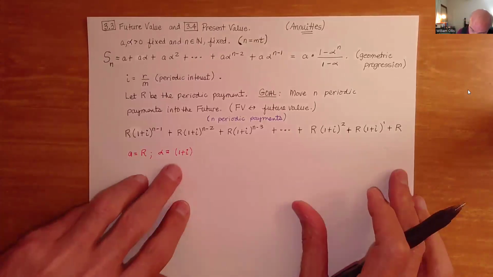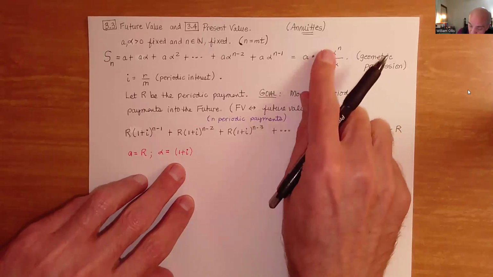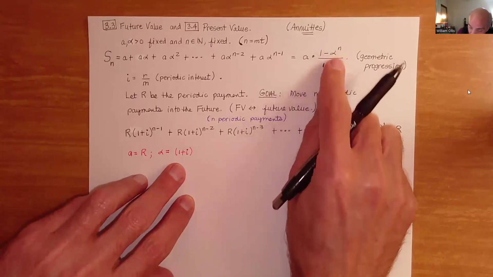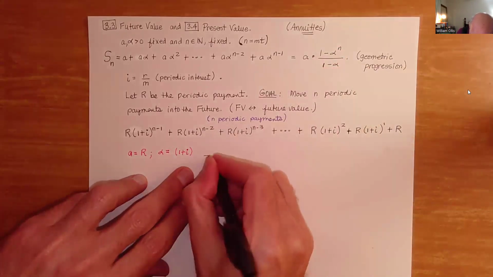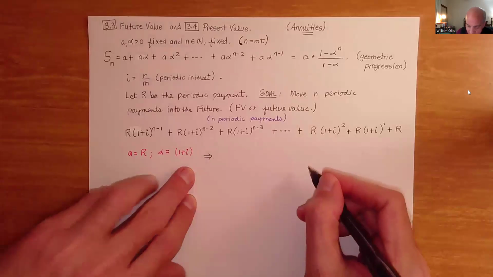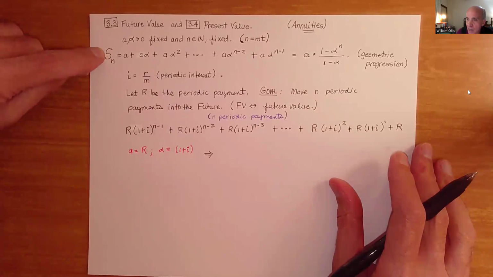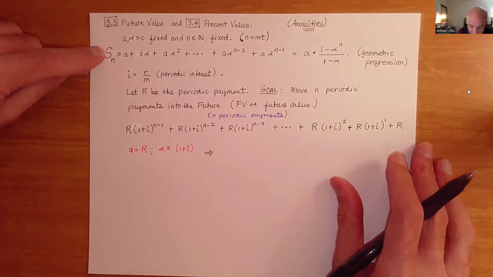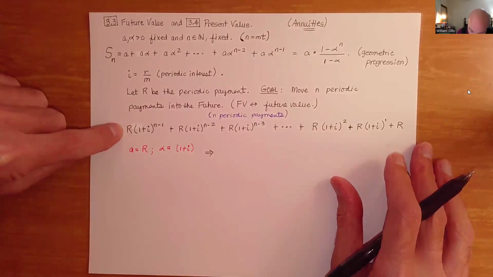So now we've got this nice formula. We simply multiply A times the fraction 1 minus alpha to the n divided by 1 minus alpha. So this is really nice if we can first motivate the idea of the sum of the geometric progression and then apply that to the actual future value of the annuity.